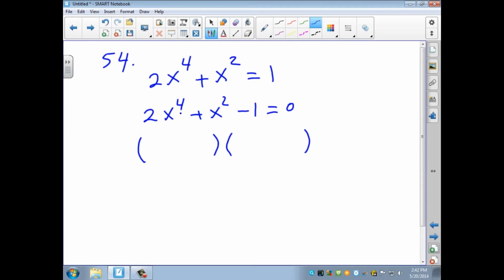Let's see if we can factor it. If I put 2h squared here and h squared here, and I put a plus 1 here and a minus 1 here, this should give me basically the factors for this.